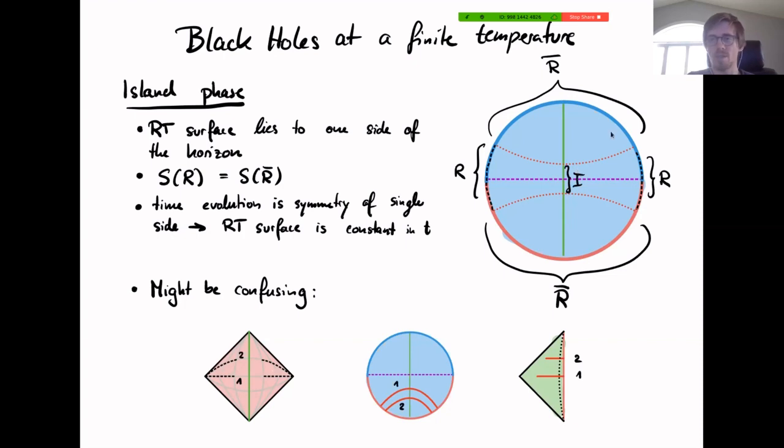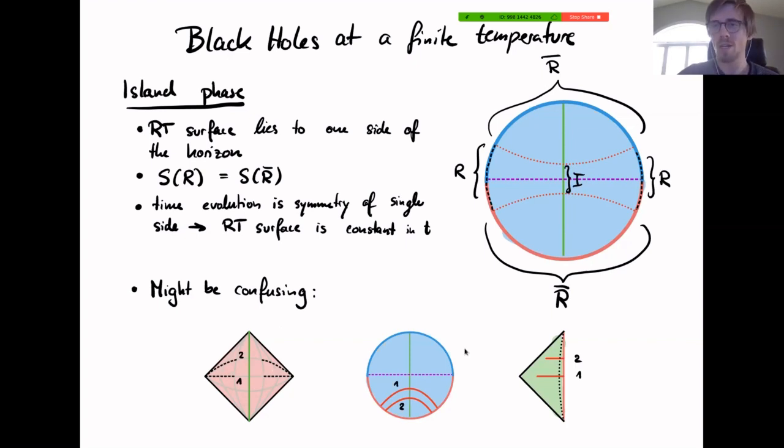It's like in flat Rindler space, where time evolution in Rindler coordinates is just a boost symmetry. So if I just evolve time forward in one of these half spaces, the area of my RT surface remains unchanged. Now, that might be confusing for reasons, but since time runs short, I'll come back to this if somebody is confused by it and asks a question.